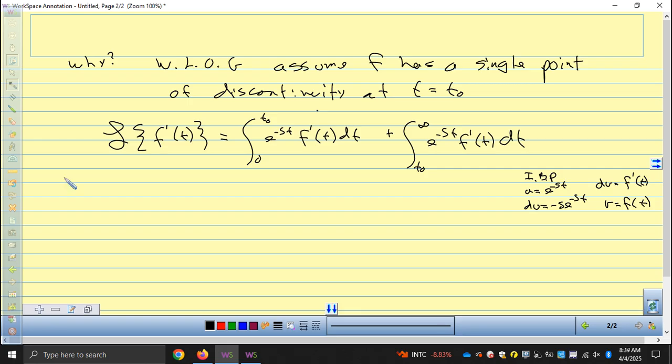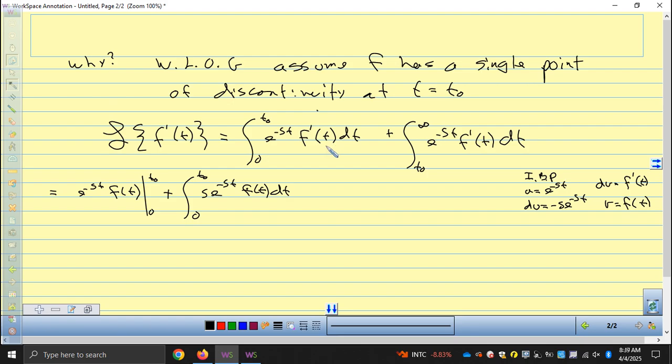So this is going to equal, for the first integral, u times v, so we get e to the minus st f of t, and we're evaluating that on 0 to t0, minus the integral of v du, so that's going to be minus negative, so we get a plus. So I'm going to say plus the integral from 0 to t0 of s e to the minus st times f of t dt.